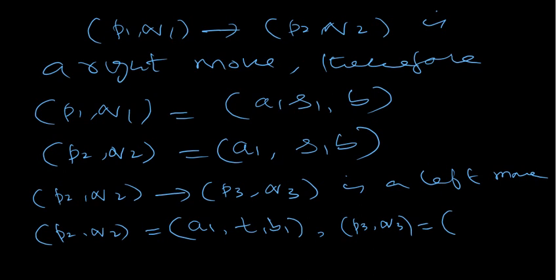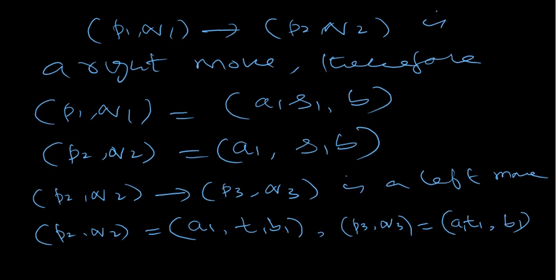This T1 will join with A1. It will be A1 T1, and then here it's B1. So this transition gives P2 Q2 of this form, and P3 Q3 of this form.